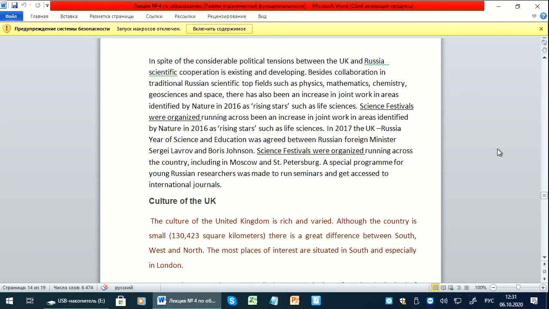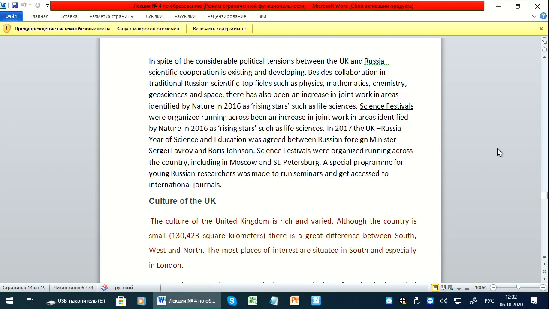Although the country is small, you see, there are 130,423 square kilometers only, there is a great difference between the southern, western, and northern parts.